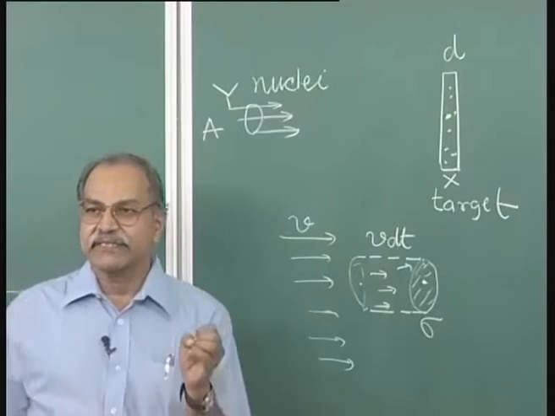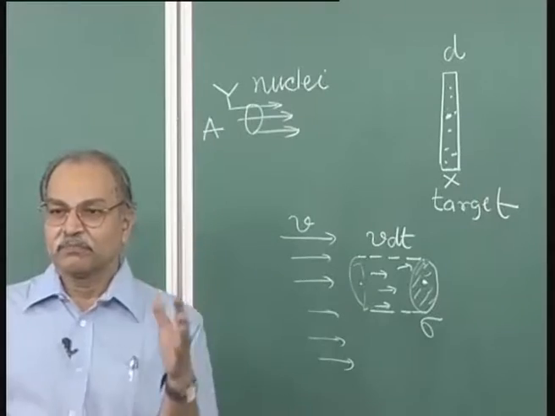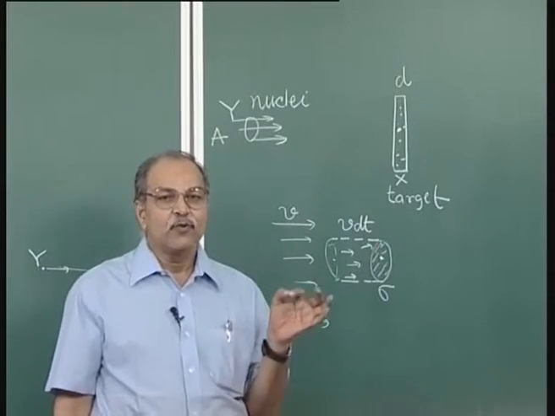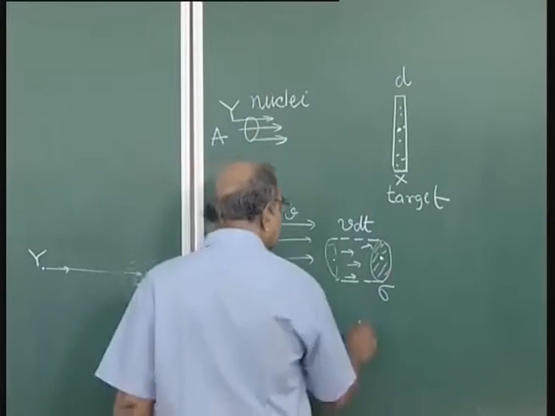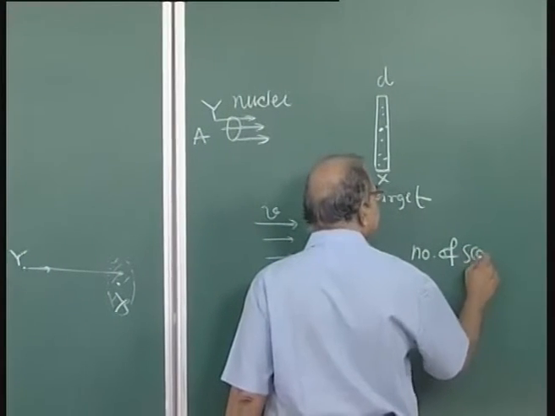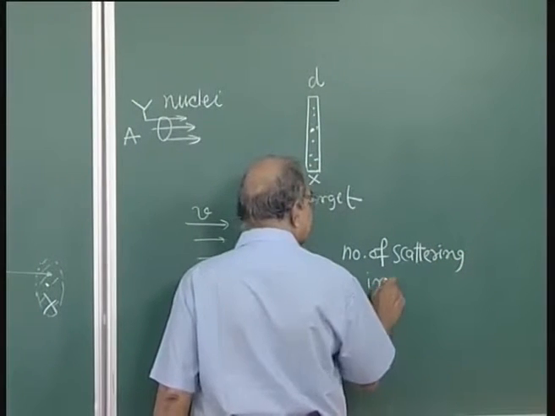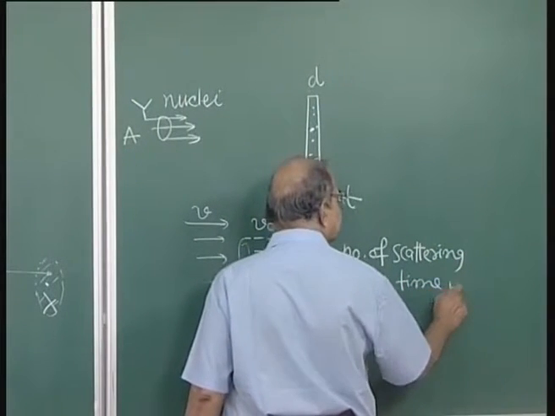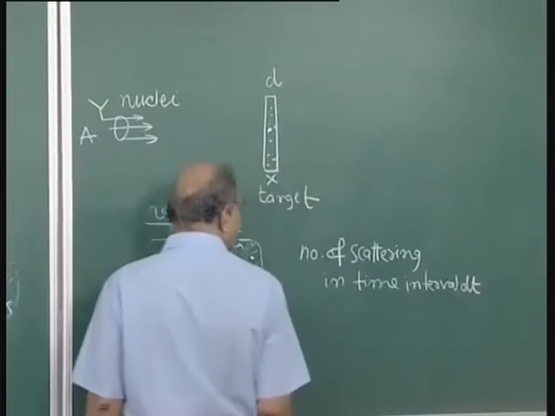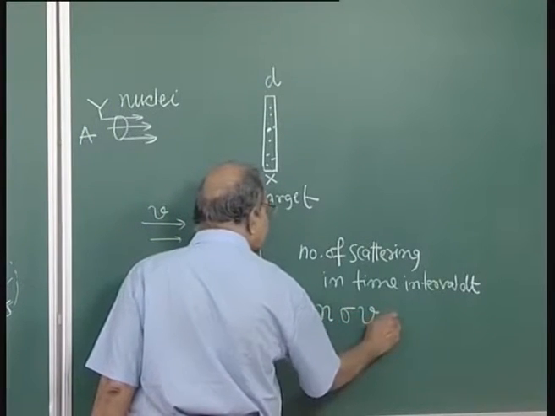If the concentration of y nuclei in the beam is small n per unit volume, then the number of this scattering or reaction in time interval dt will be small n into sigma into v into dt.